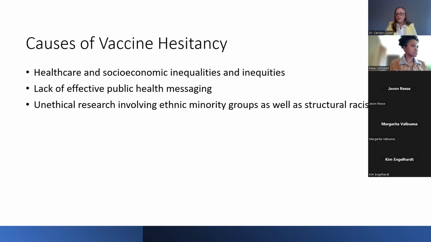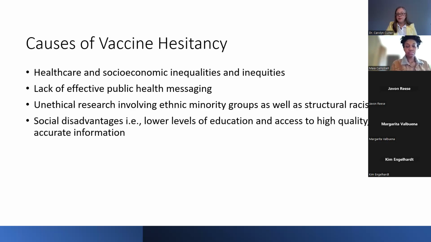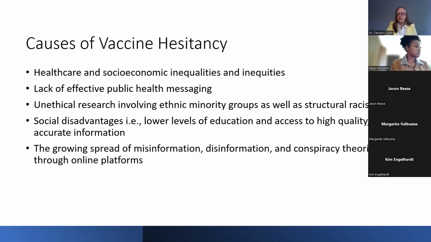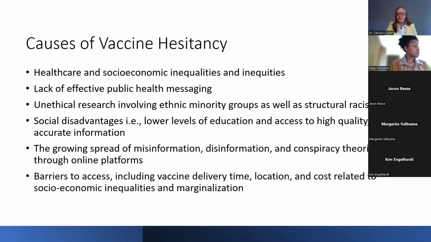We know that there were times in the past where minority groups were treated very unfairly with unethical research. So that's one of the reasons. Social disadvantages, like we talked about, lower levels of education, access to information. A huge problem now, the growing spread of misinformation, disinformation, and conspiracy theories. And barriers to access, not so much in Detroit, right? We have plenty of vaccine, but in other areas.